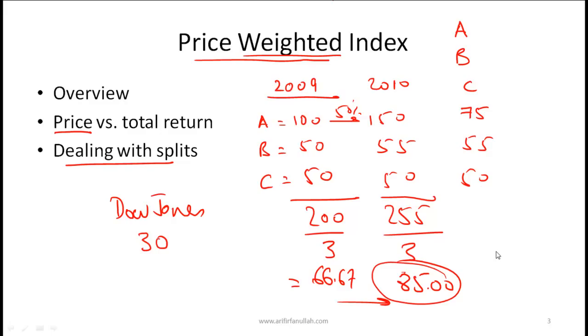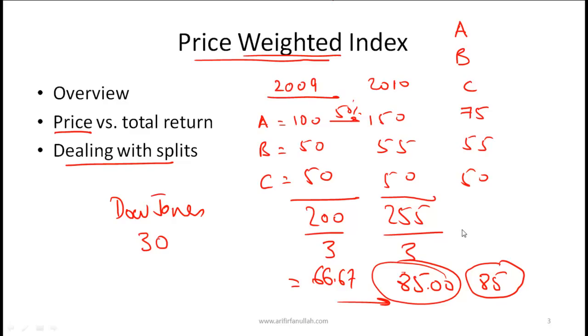Given that there is no economic change, somebody who owned the underlying shares in the same weightage, after the split, is still no richer or no poorer. And since there is no economic change, the security market index should remain unchanged.